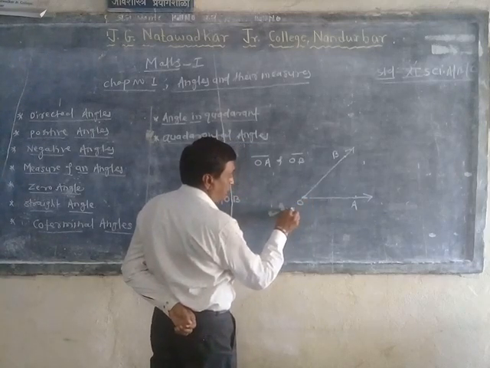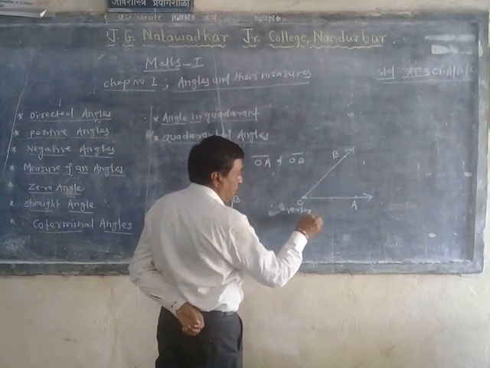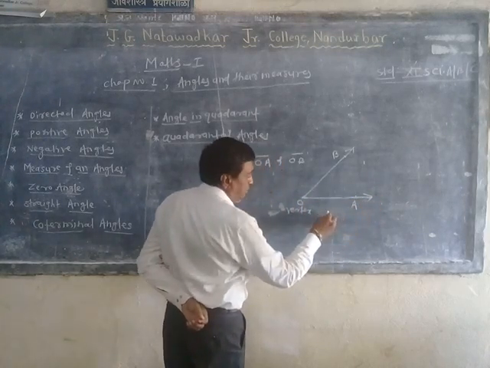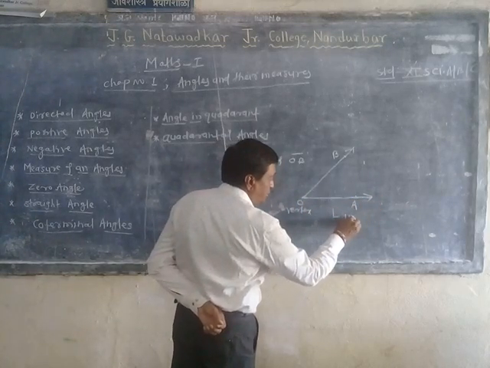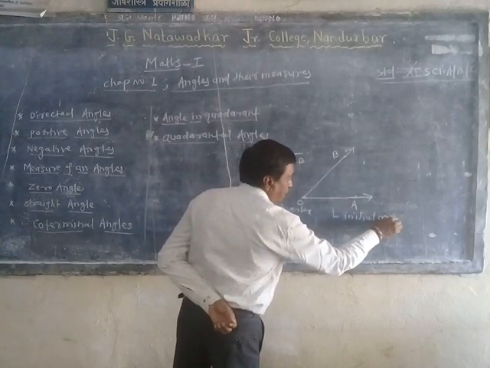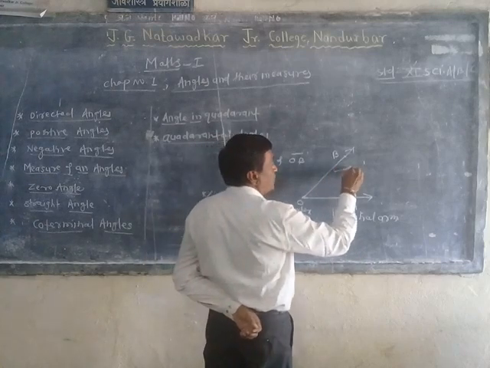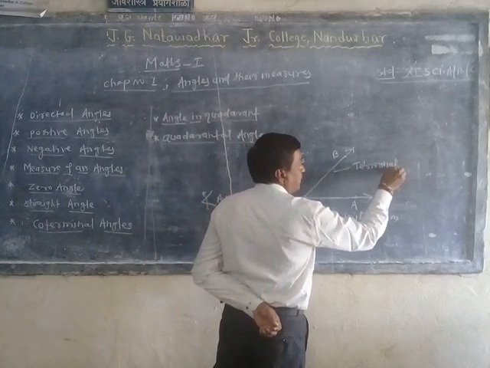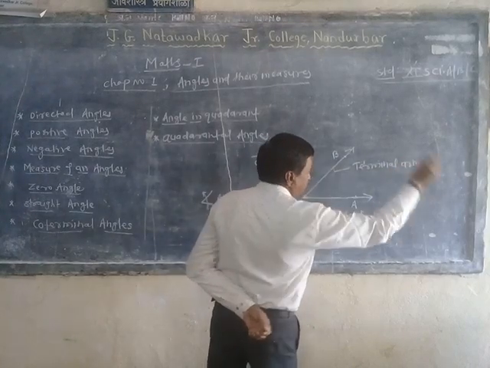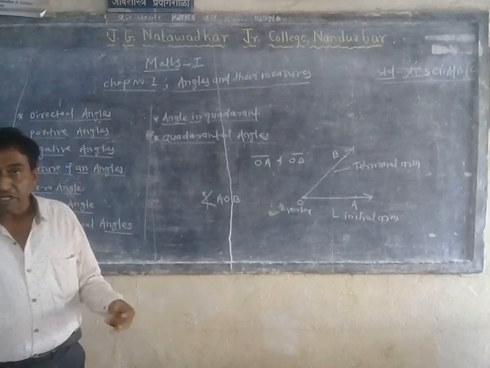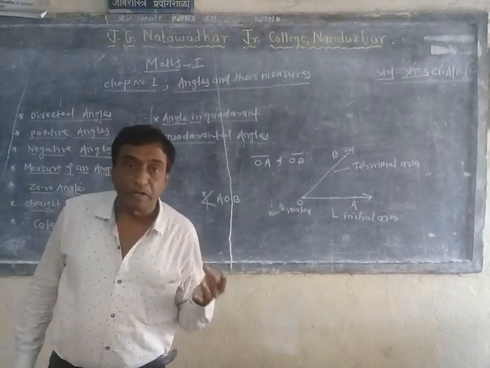The ray OA is called the initial arm, or initial side, and the ray OB is called the terminal arm, or terminal side. So these are the three parts of a directed angle: vertex, initial side and terminal side.